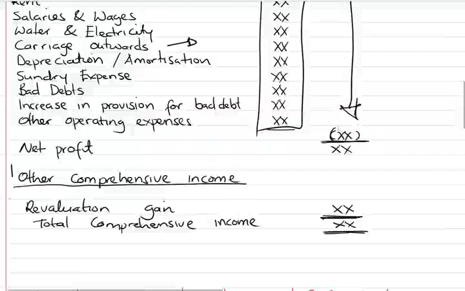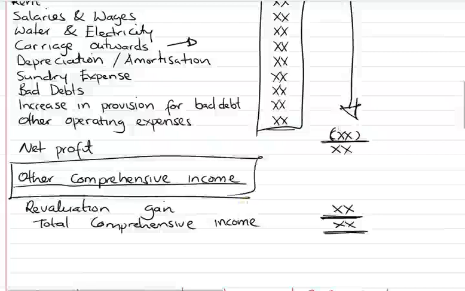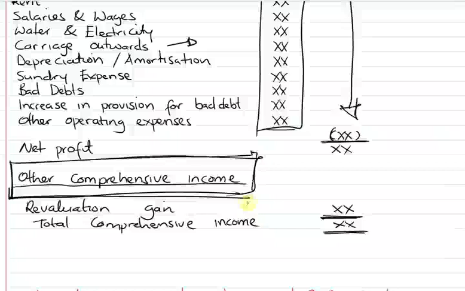After that, now we can include the part of other comprehensive income. Under other comprehensive income, we're going to look at revaluation gain. Whenever we have revalued an asset and there is a gain, it will be shown in a separate line as other comprehensive income. We are not supposed to include it in the incomes because this one is unrealized.